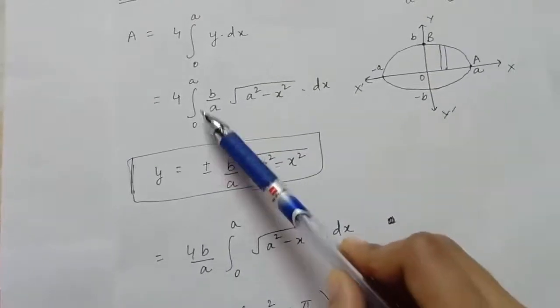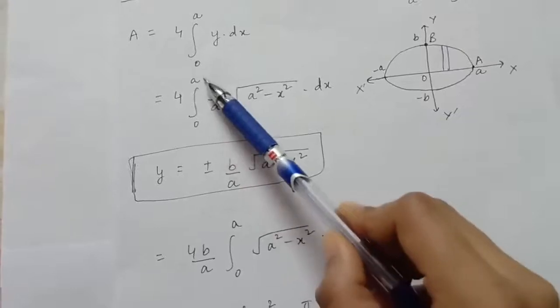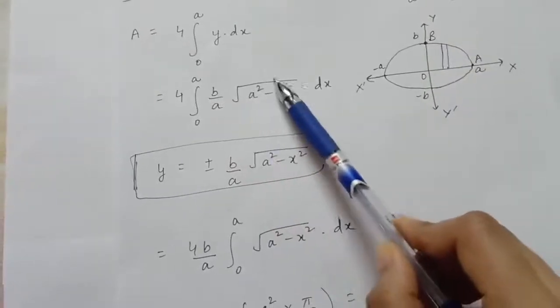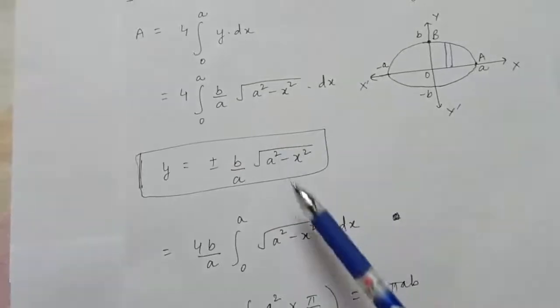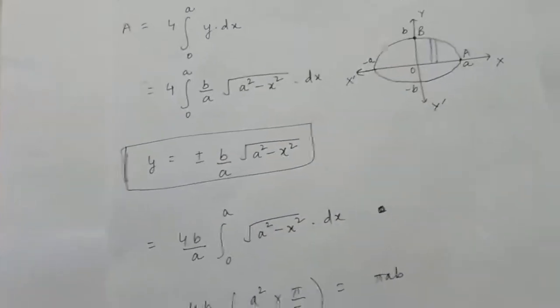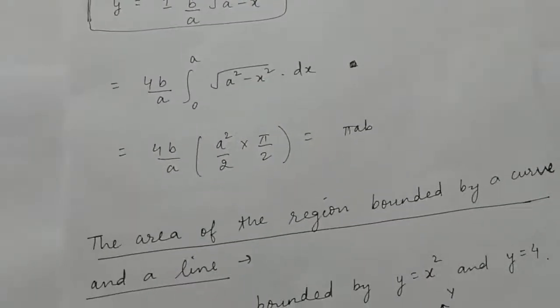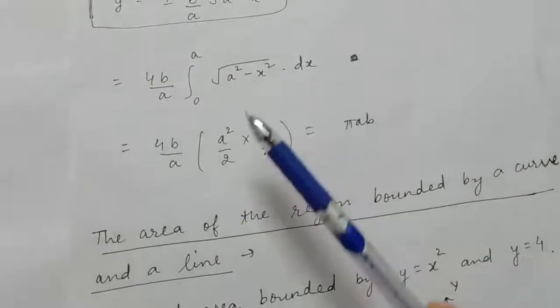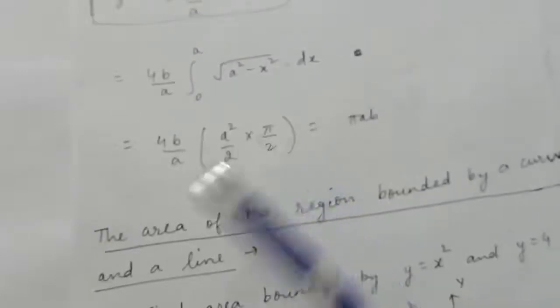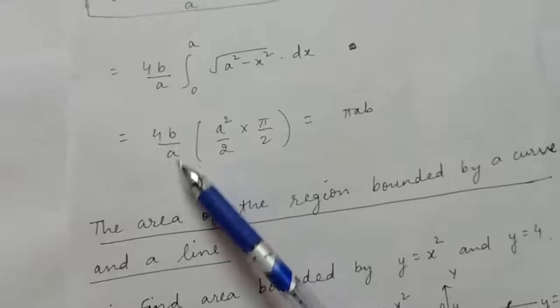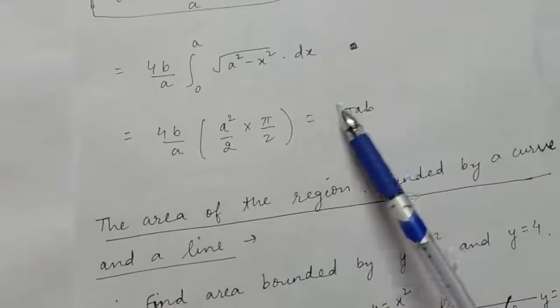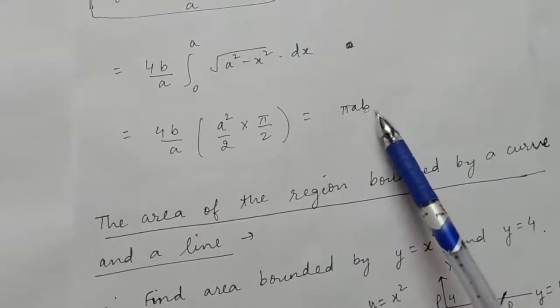Because we have taken the limits of the x-axis, the function in terms of x will come, into dx. Now integrate this. The integral we have just calculated in the previous question is a square by 2 into pi by 2, right? And the constant as it is, 4b upon a. So you'll get the answer as pi into ab, right?